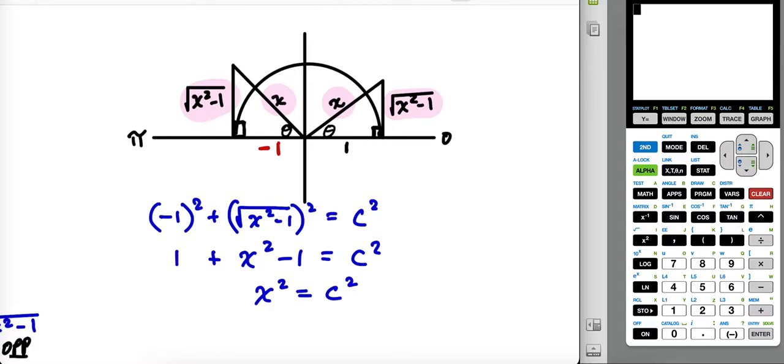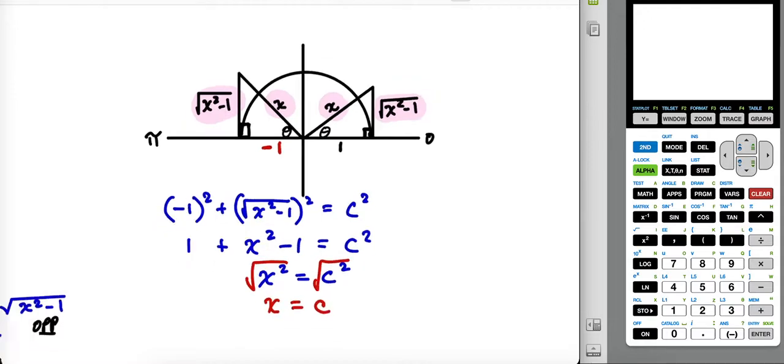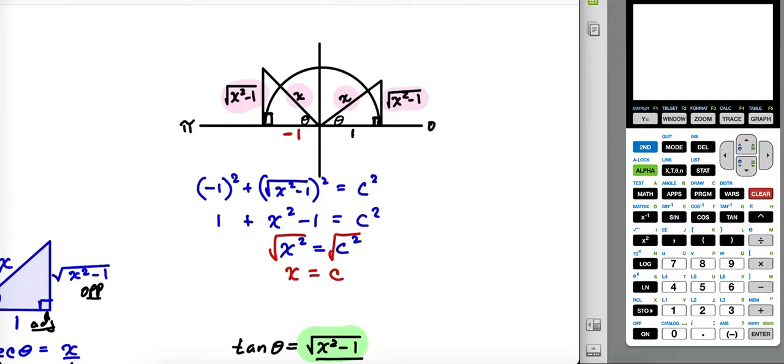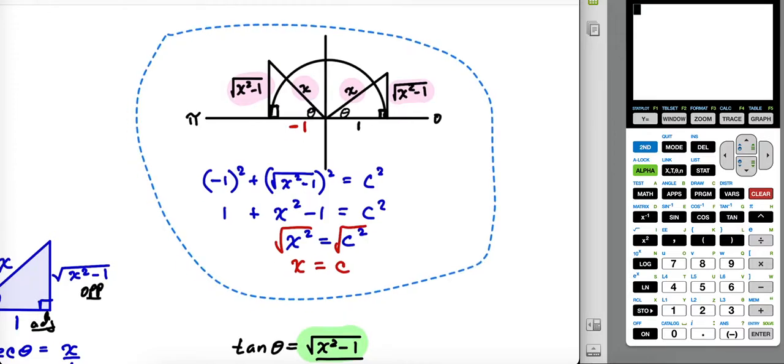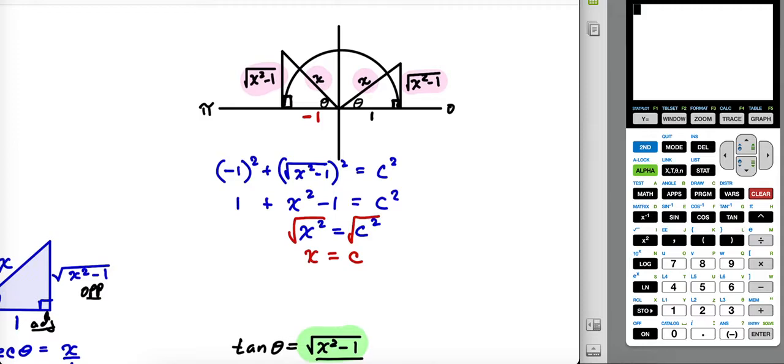But again, aside from it being a geometric length, we're talking about a cancellation of powers, so we would have x equals c. So no matter where you place it in the appropriate domain or range, depending on how you look at it, you're always going to end up with a positive opposite side and a positive hypotenuse.